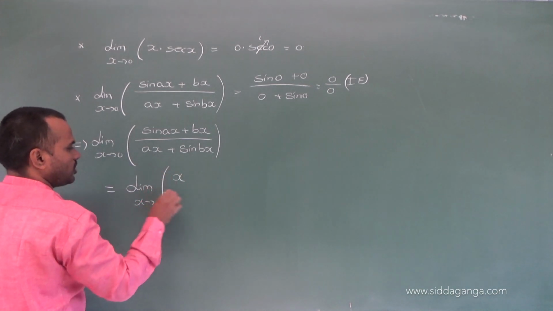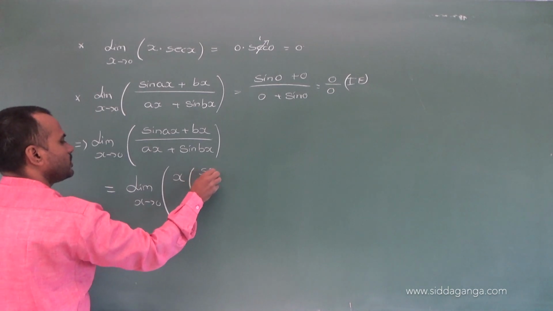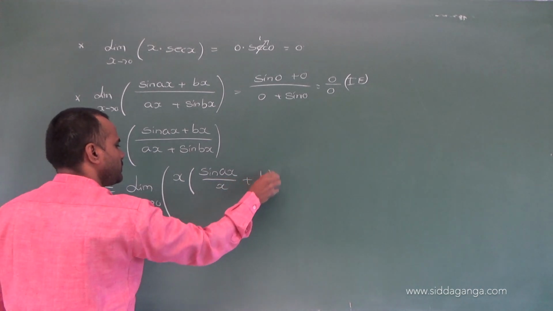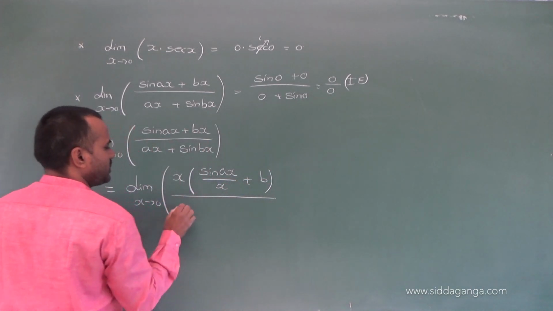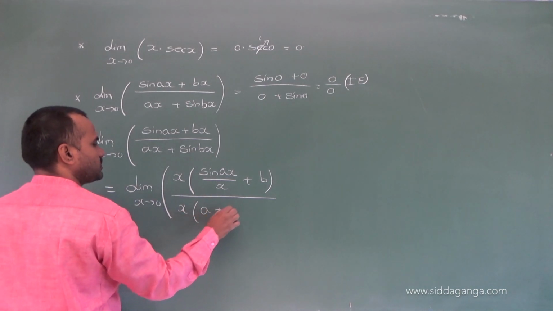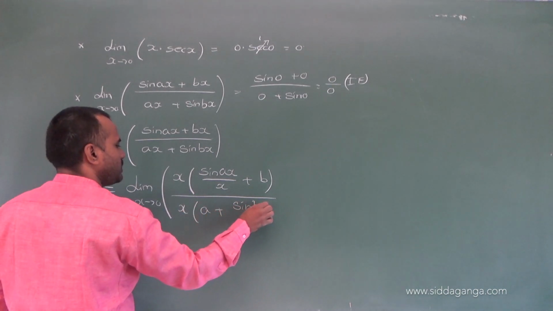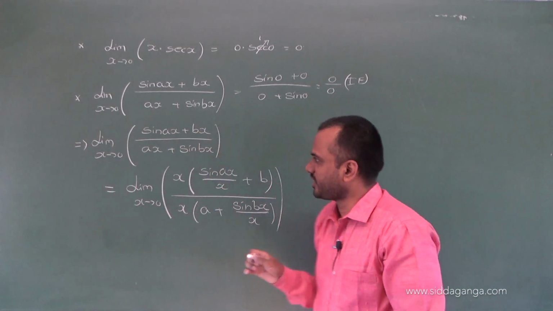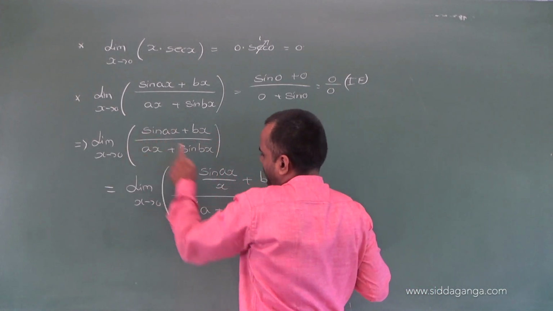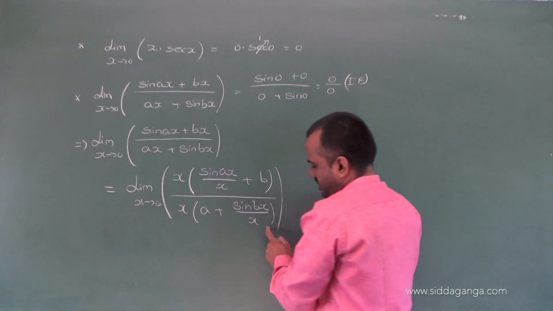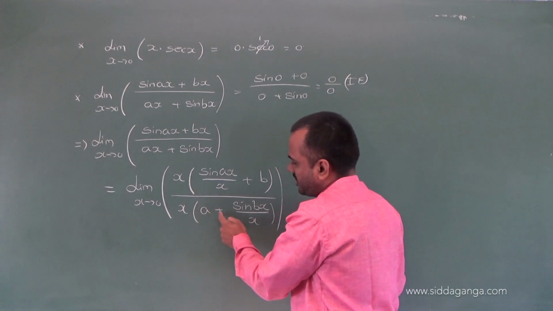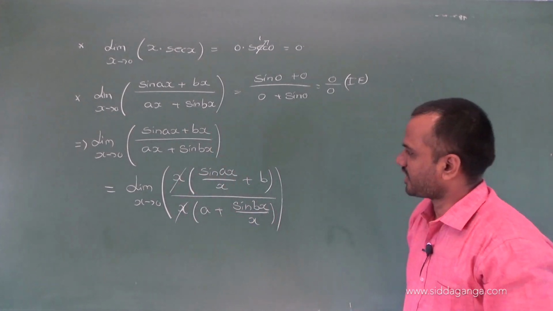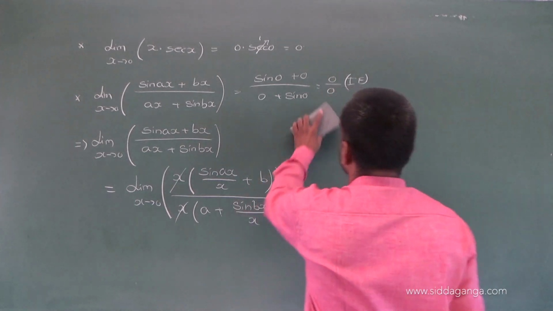If I take x common in the numerator, it becomes sin ax divided by x plus b. In the denominator, if I take x common, a plus sin bx divided by x. The x's get cancelled.